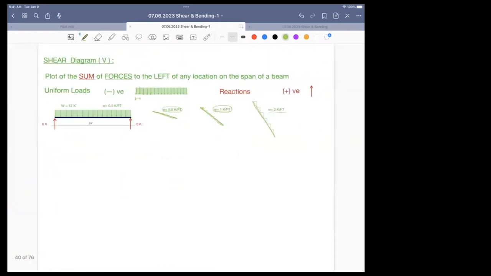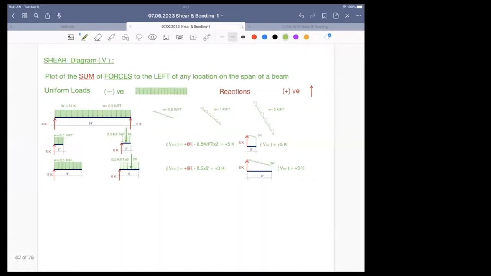Very good. So for a uniform load, we're going to start seeing a slope. And depending on the uniform load coefficient, the slope of the line is going to be dictated by that number.